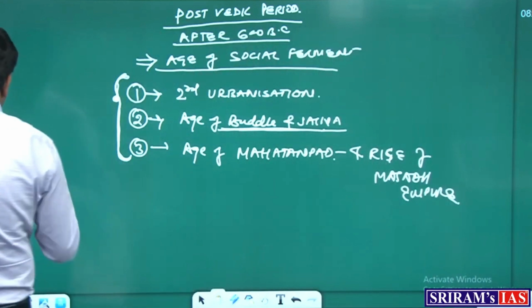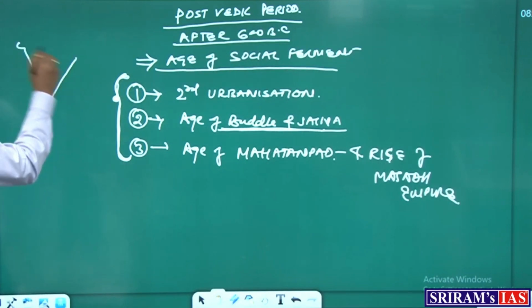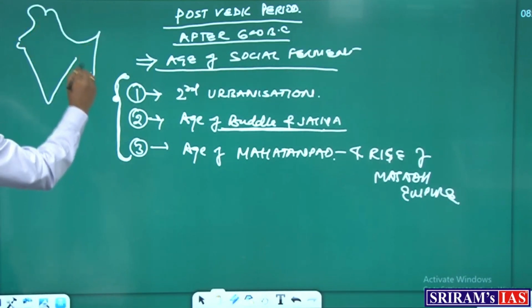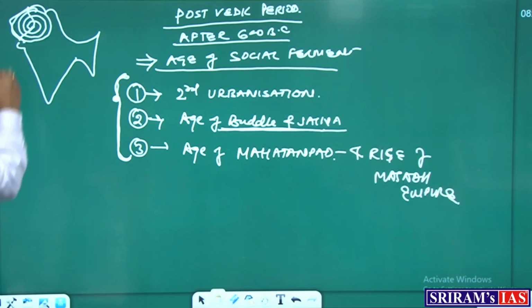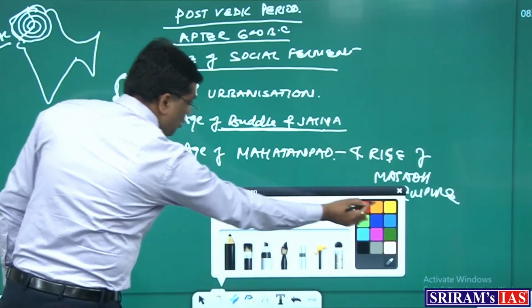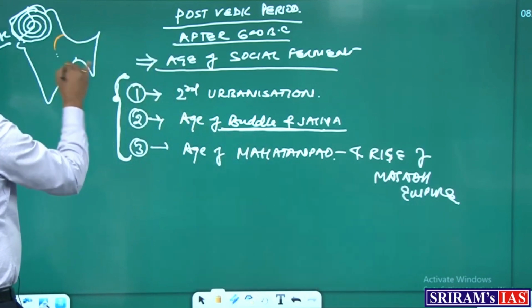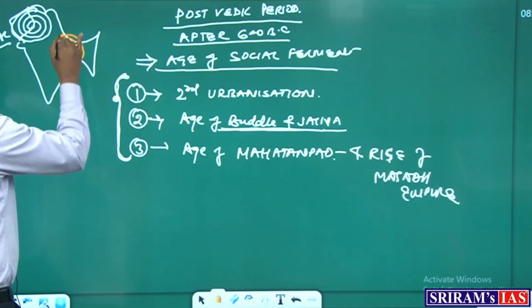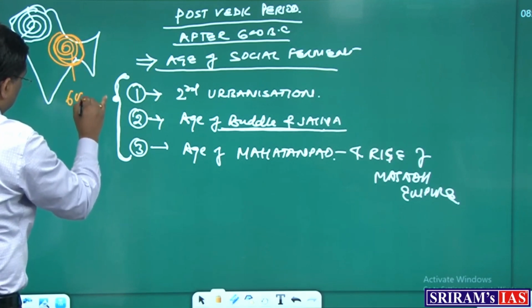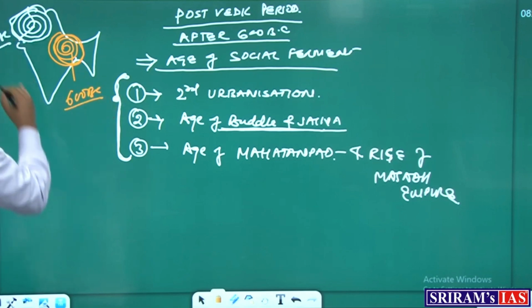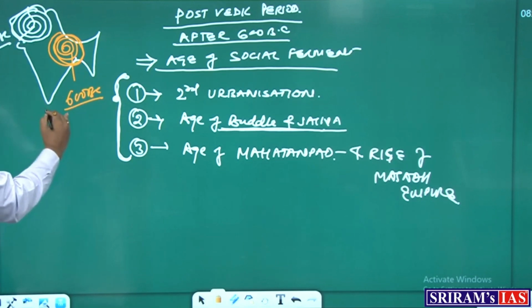If you look at the map, around 2000 BC, we have this area as a highly urbanized area. But here it took a long time, and this area became highly urbanized with more intense urbanization around 600 BC. This is the Indus Saraswati and this is the Gangetic Valley.